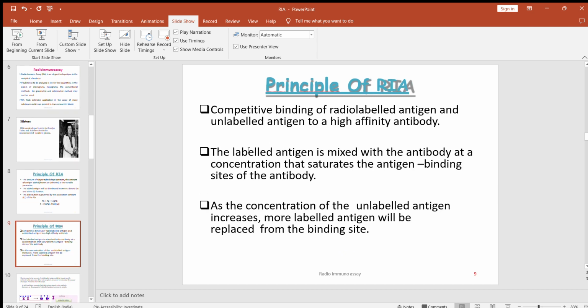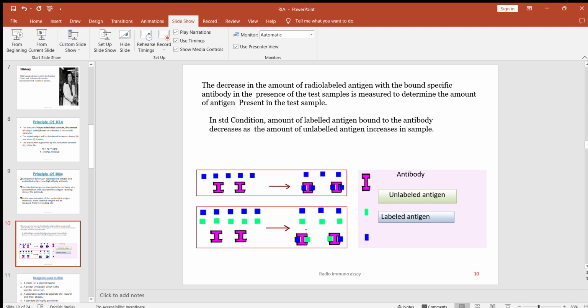In the principle, competitive binding of radio-labeled antigen and unlabeled antigen takes place with high affinity for the antibody. The labeled antigen is mixed with the antibody at a concentration that saturates the antigen binding sites of the antibody. As the concentration of the unlabeled antigen increases, more labeled antigen will be replaced from the binding site.